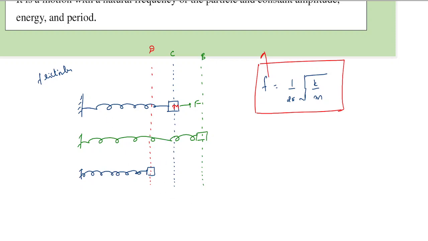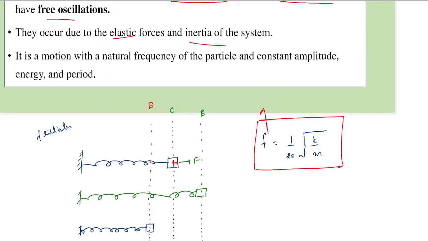So what is given here says that those oscillations occur due to the elastic forces, which means due to the restoring forces and inertia of the system. In this motion of the spring mass system, or for any free oscillation, the natural frequency of the system and constant amplitude, energy and period are observed.